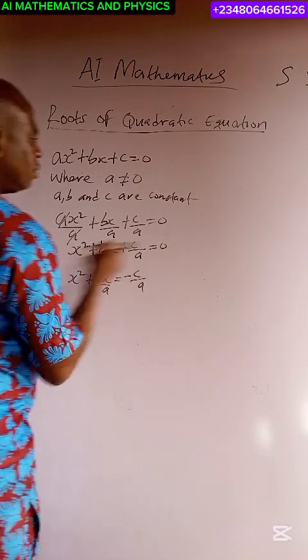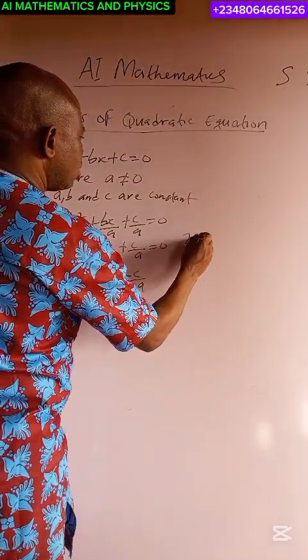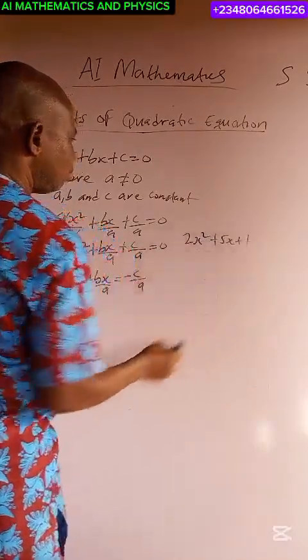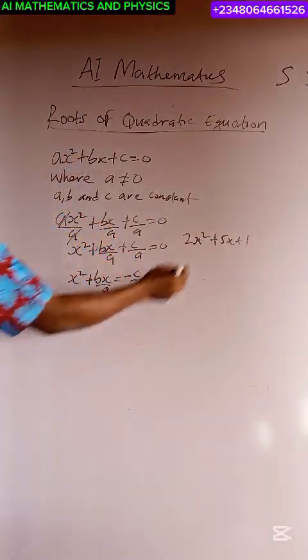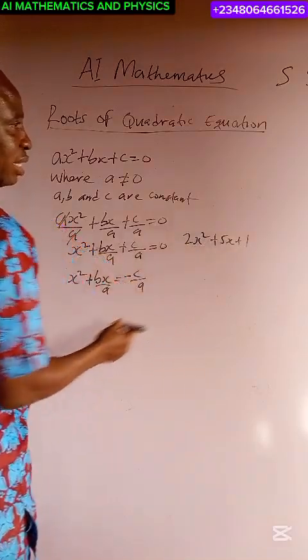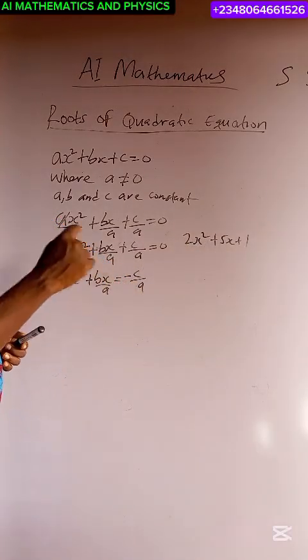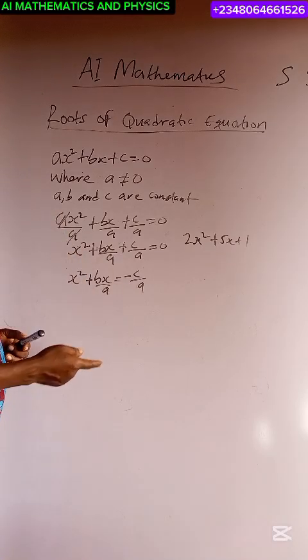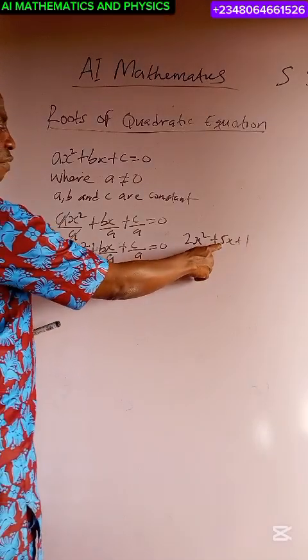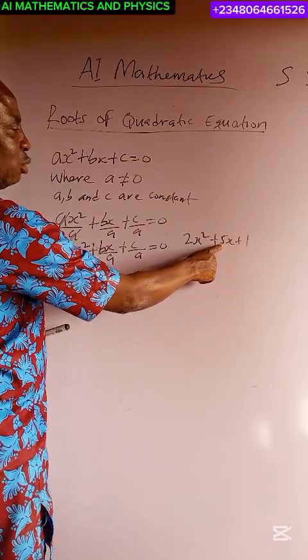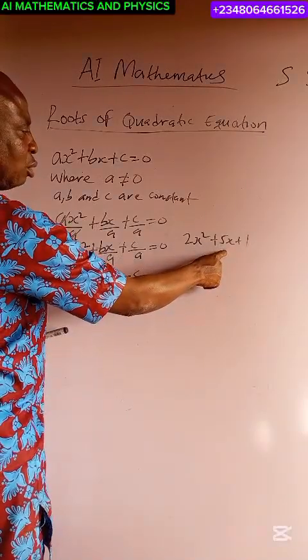When you have 2x squared plus 5x plus 1, for the middle term that contains x, divide the coefficient by 2 and square it. When we have 5 here, 5 is attached to this x, it means that 5 is the coefficient of x.